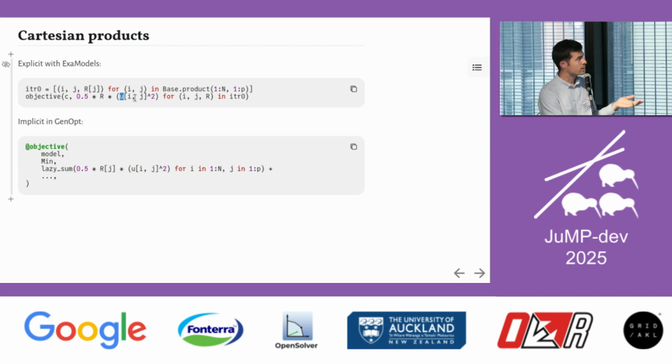And so when I receive this expression, then I just know that U is a matrix of variables. So I can check that this matrix of variables is indeed consecutive variables. In that case, I know how to do this efficiently and give it to ExaModels, saying this is a very simple matrix of variables. It's just constant offset. But if it's not, somehow if the user rearranges variables in a weird way, then probably we cannot do anything.